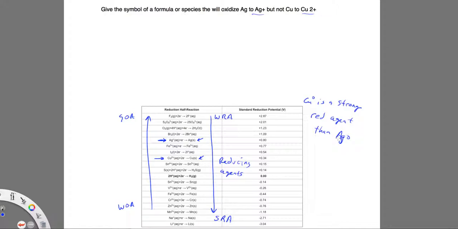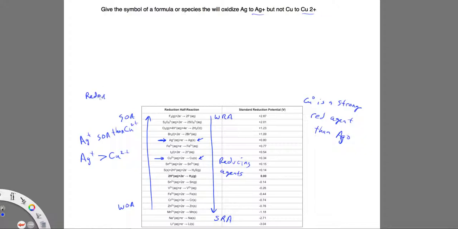So as far as reducing agents go, copper is stronger than silver. But over here, silver ion is a stronger oxidizing agent than copper 2. Okay, so we could write it that way. Stronger oxidizing agent.